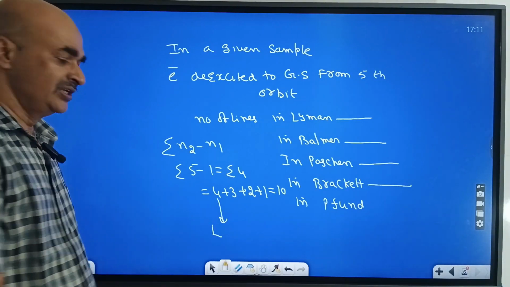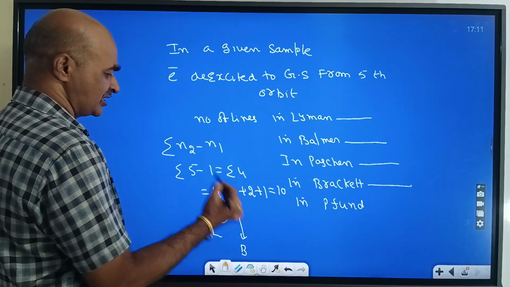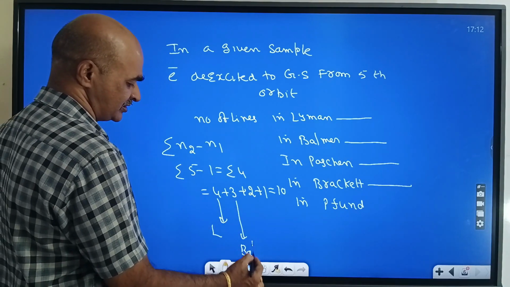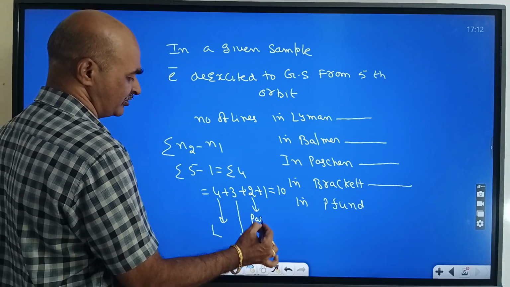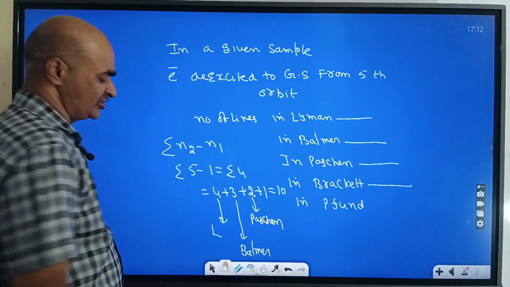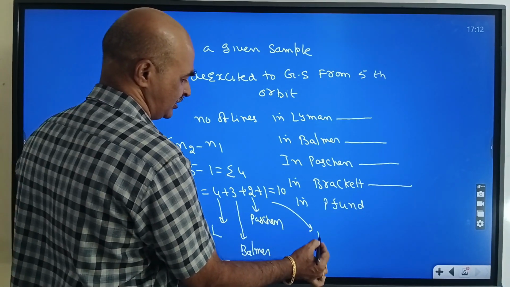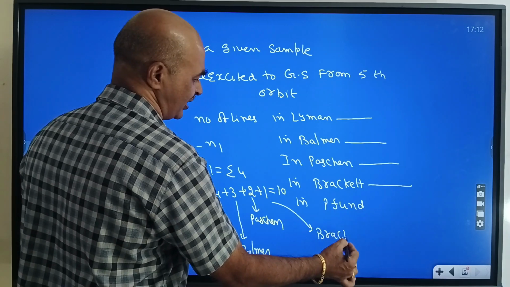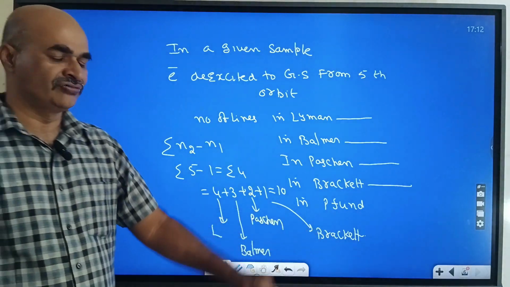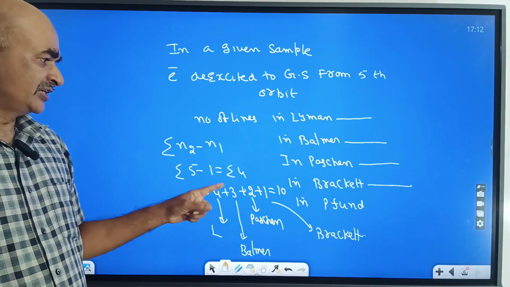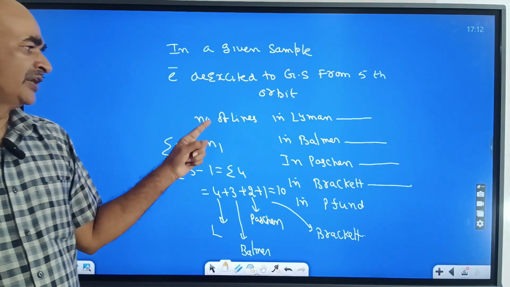In the Balmer series, 3 lines are formed. In the Paschen series, 2 lines are formed. In the Brackett series, 1 line is formed. So when an electron de-excites to the ground state from the fifth orbit: Lyman series 4, Balmer series 3, Paschen series 2, Brackett series 1, total 10 lines.